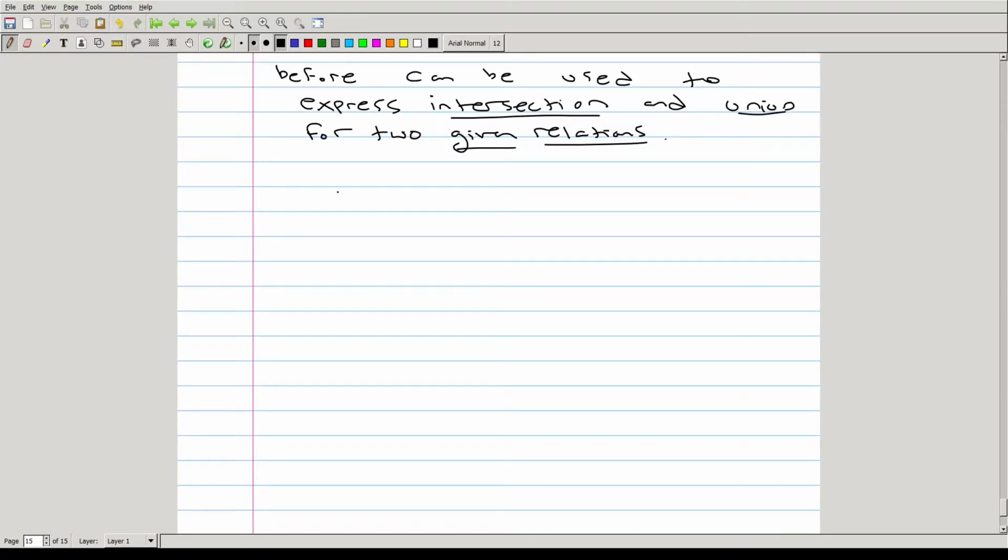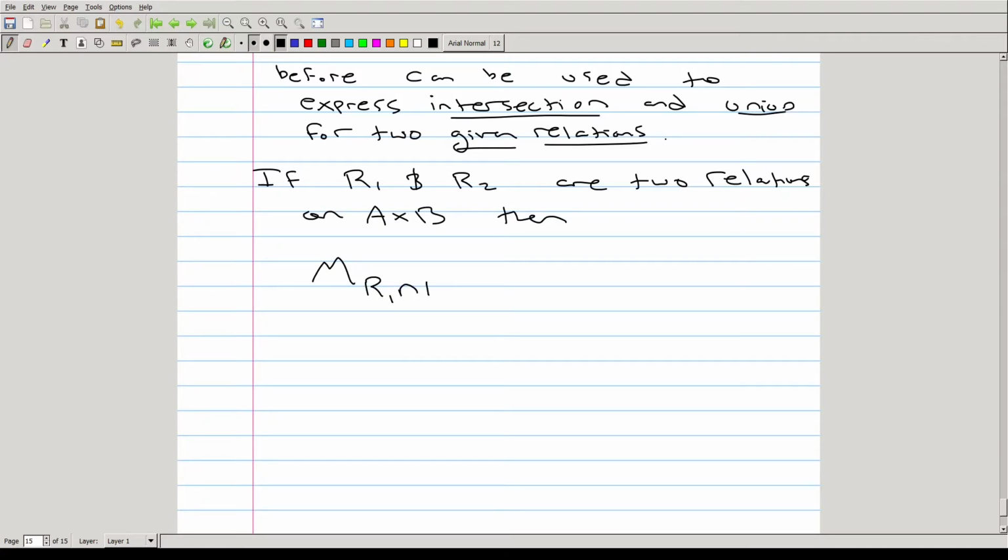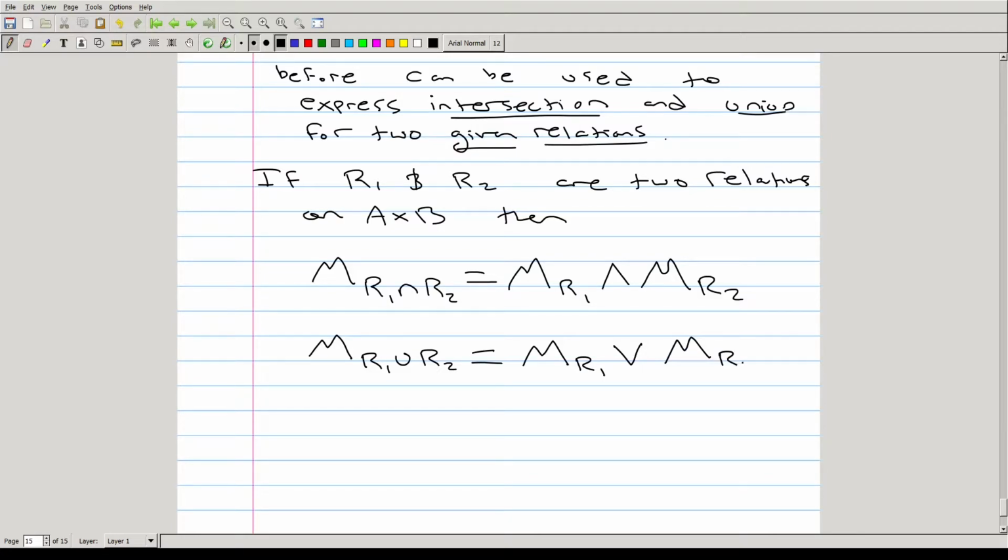For example, if R1 and R2 are two separate relations on the Cartesian product of A cross B, then the matrix representing R1 and R2 is simply the join or and operation between the matrices representing each individual relation, and the matrix representing R1 union R2 is the meet operation between the matrix representing R1 and the matrix representing R2.